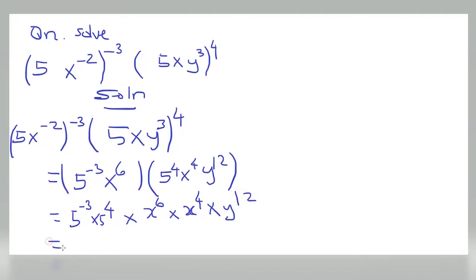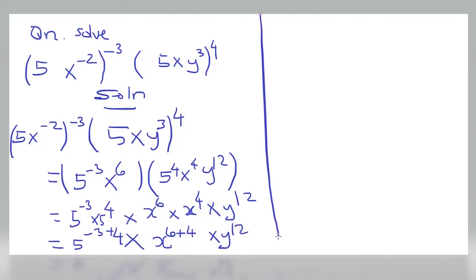Now, by the law of multiplication, this one will be equal to 5 power negative 3 plus 4, times x power 6 plus 4, times y power 12. Negative 3 plus 4 is equal to positive 1.